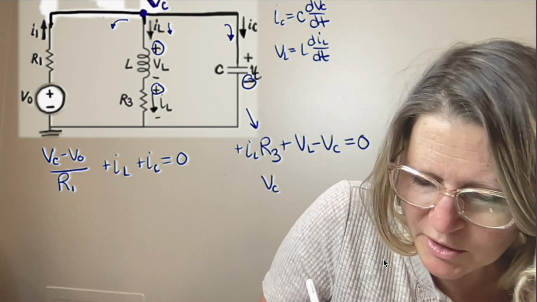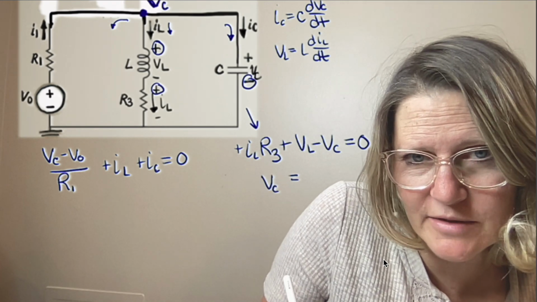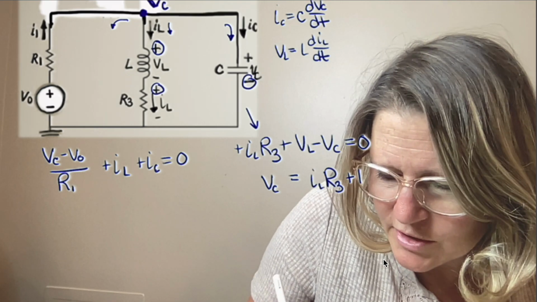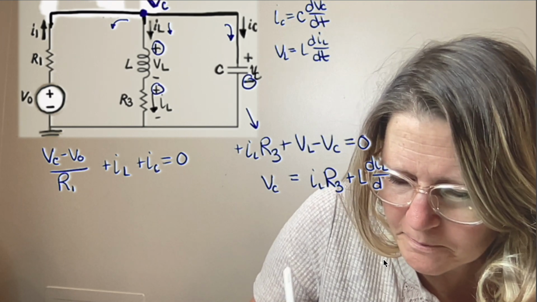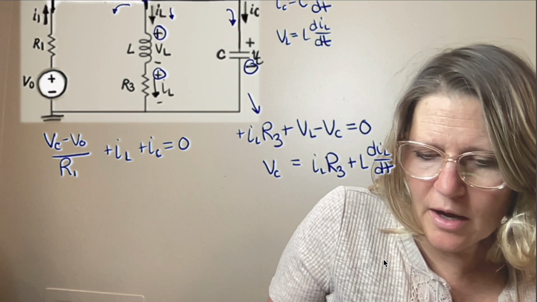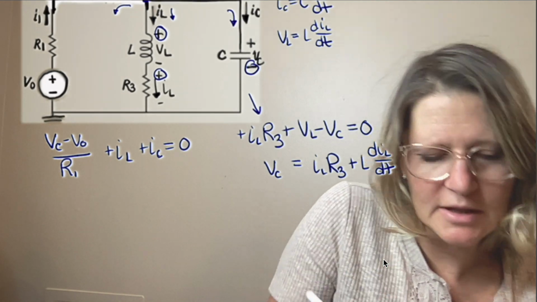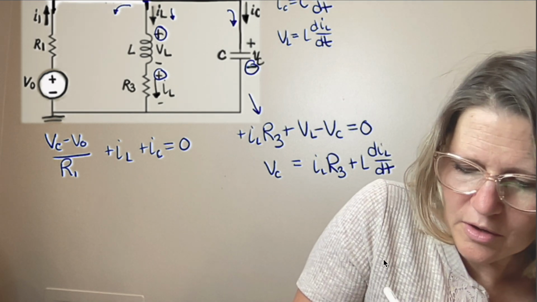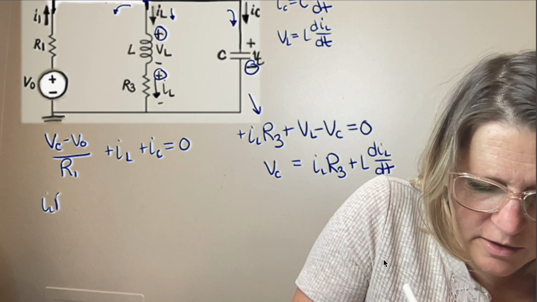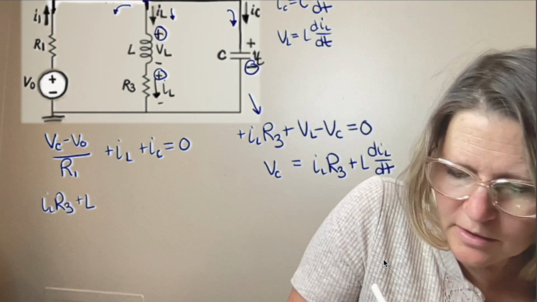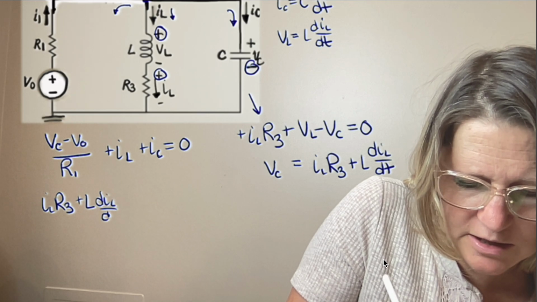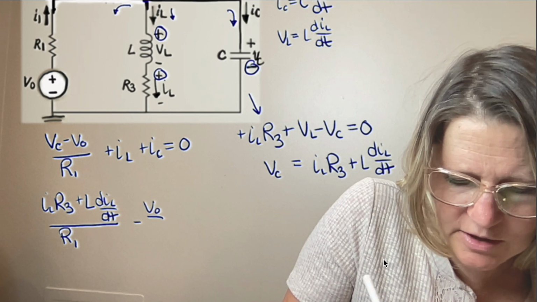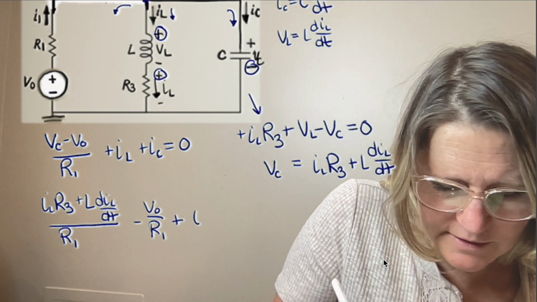Substituting in VC, I bring VC over to the other side. That becomes positive. Then I have ILR3 plus VL, which is L dIL dt. Now it looks like this is going to be easier to substitute in for this VC here. If I do that, I get ILR3 plus L dIL dt all over R1, and then minus V naught over R1 plus IL.